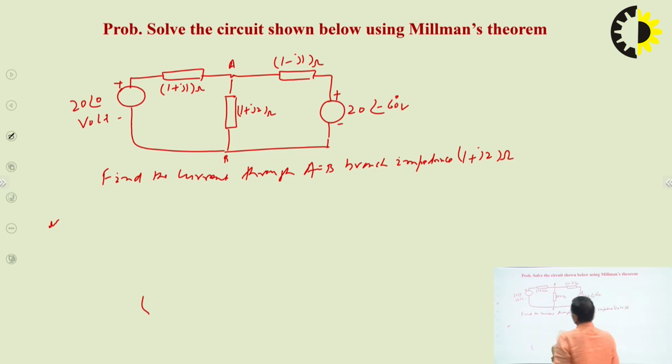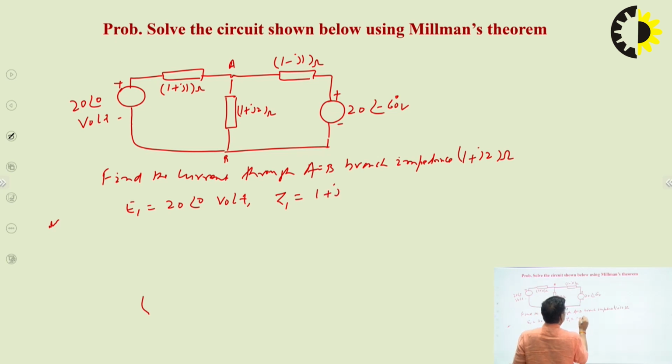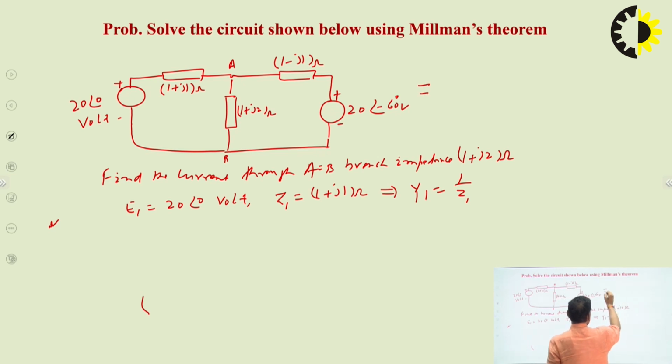So, this is the problem using Millman's theorem. What you have to do is, we can see here E1 is 20 angle 0 degree volt, Z1 is 1 plus J1 ohm. So we can find Y1 is equal to 1 by Z1, because this circuit can be transformed into this fashion.